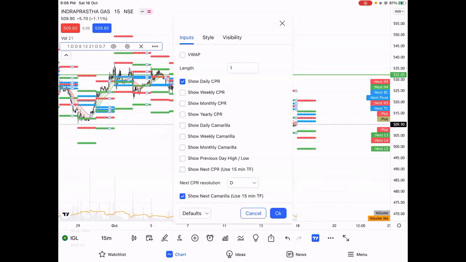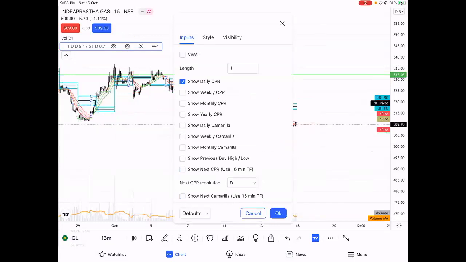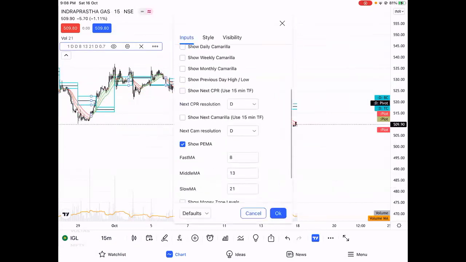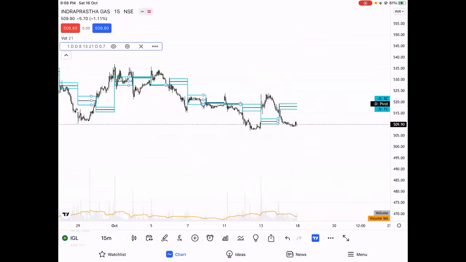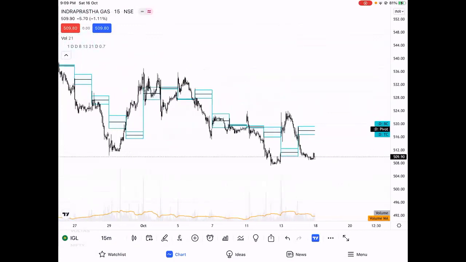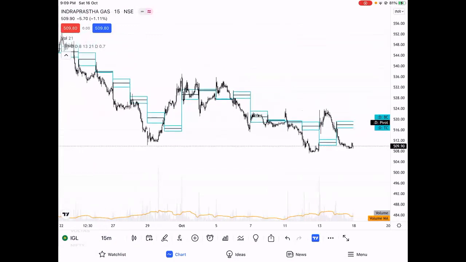Let's see daily CPR only. This can be used across any time interval, that is, it can be used for positional, intraday, right? Technically not intraday, because we have to see a particular series, at least 3 to 4 CPRs.